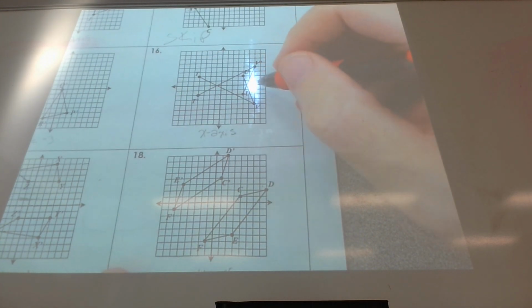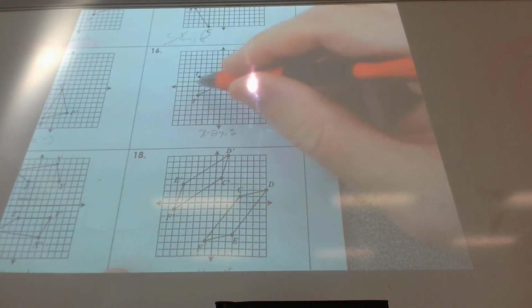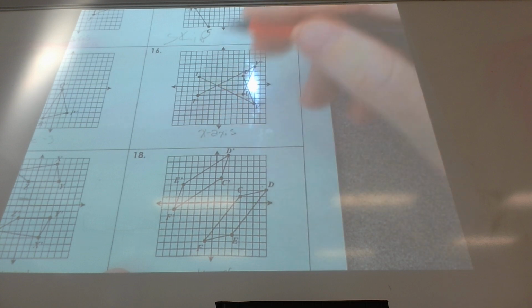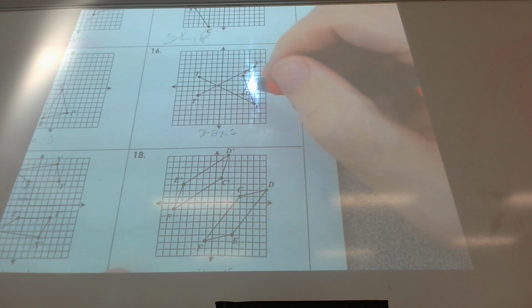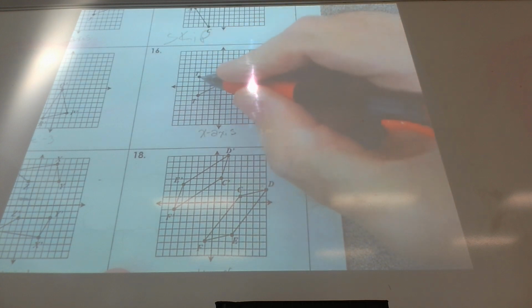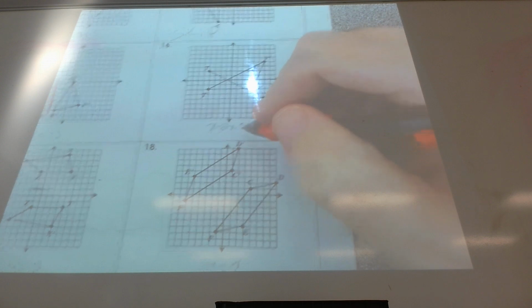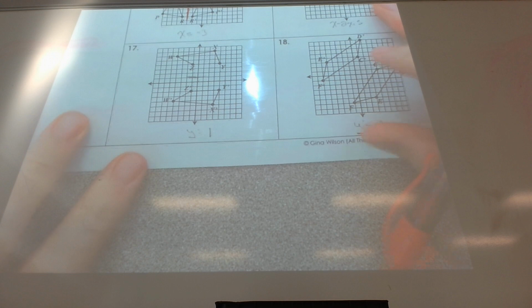Now, if I take a look at this one, is it reflecting horizontally or vertically? T and T prime are reflecting vertically. So it's either going to be a y equals line or the x-axis. Let's check the x-axis. 1, 2, 1, 2. They're both 2 spots away from the x-axis, so we're reflecting over the x-axis. Then we check this one.